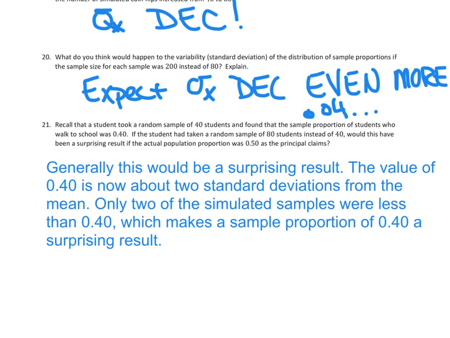And here's exactly how I would word my response, and I would try to hit on as many of these ideas as I could. So generally, this would be a very surprising result. The value of 0.40 is now about 2 standard deviations from the mean, and only 2 of the simulated samples were actually less than 0.4, which makes a sample proportion of 0.4 a very surprising result. It just seems to be very rare compared to where the other clusters are centered.